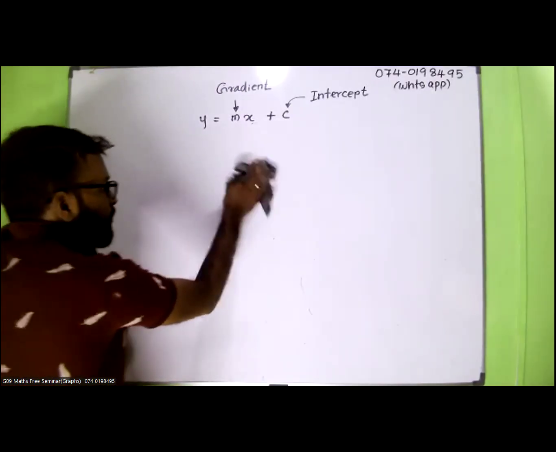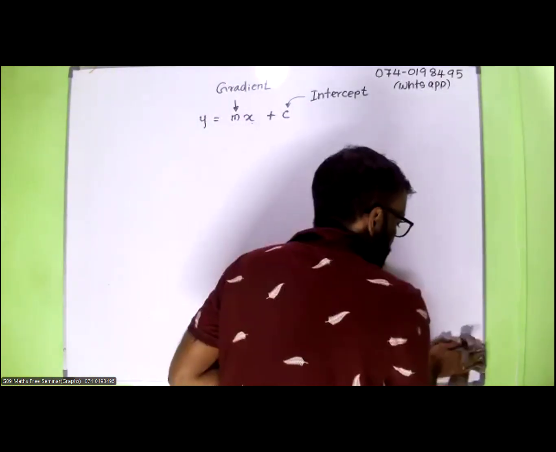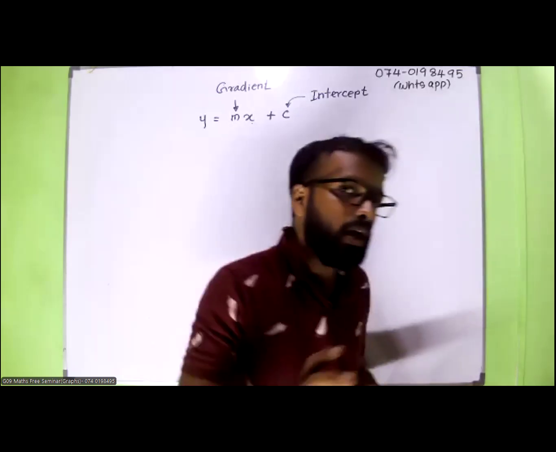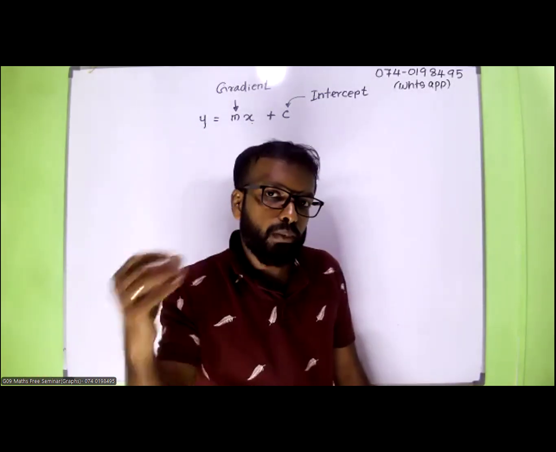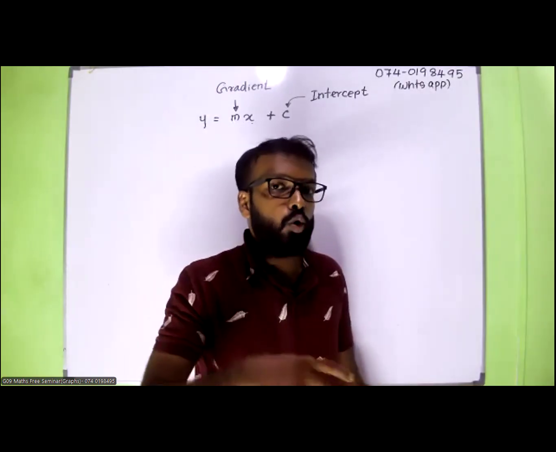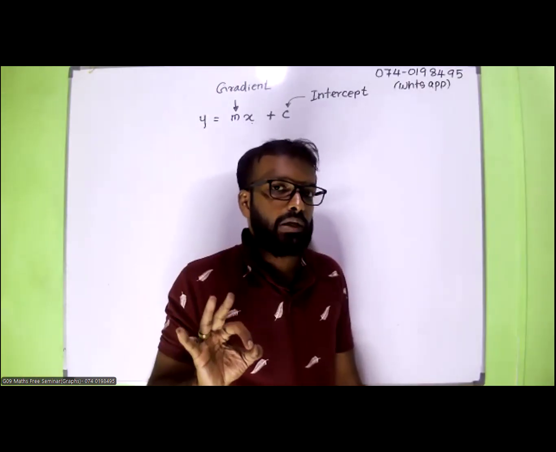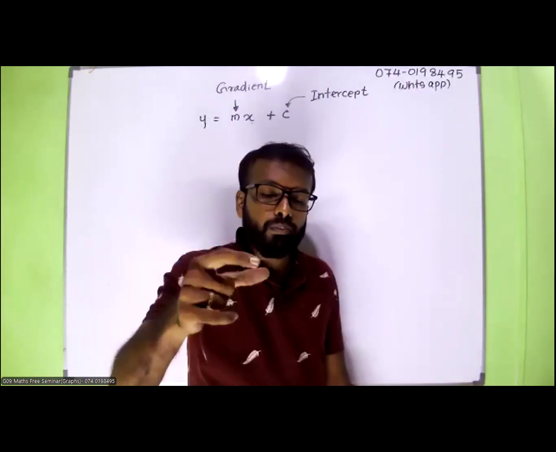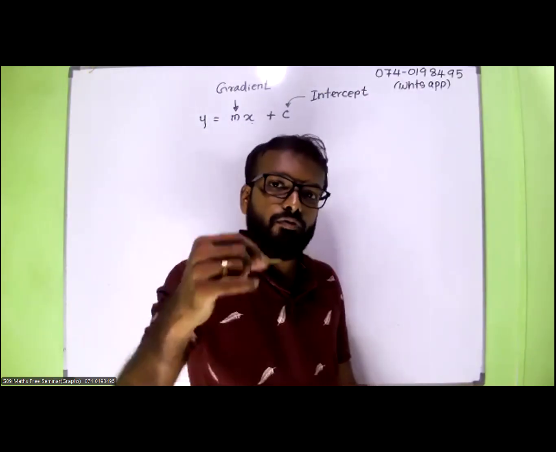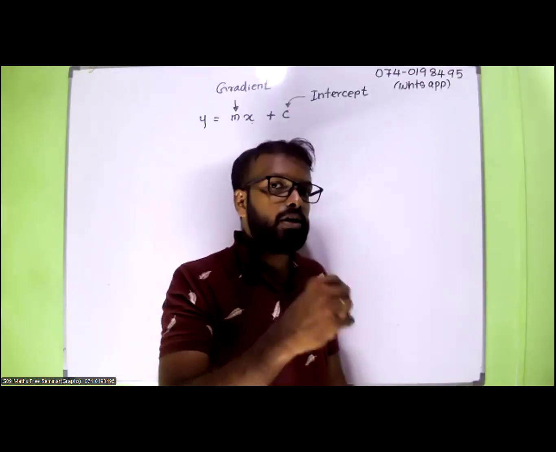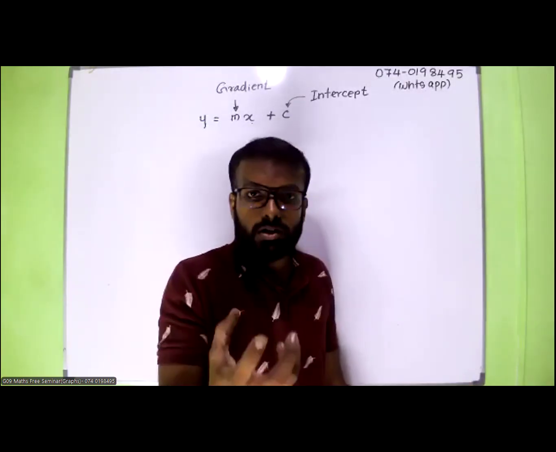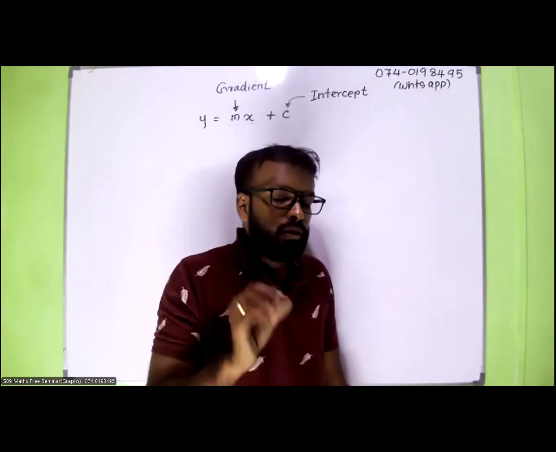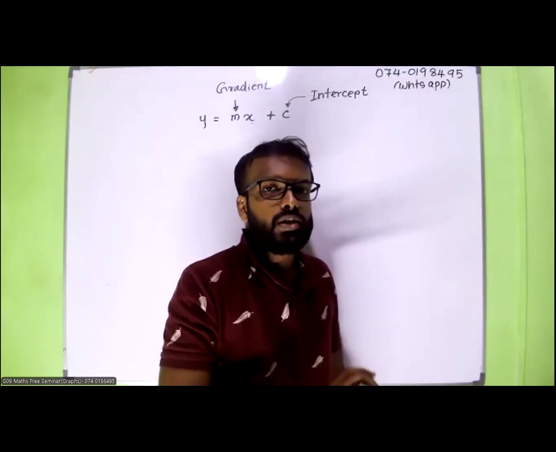By looking at the graph, you know how to say whether my m is positive or negative, and whether my c is positive or negative. But now they have given you the function as y equals mx plus c, and by looking at the function, you are going to identify what is my gradient and what is my intercept.